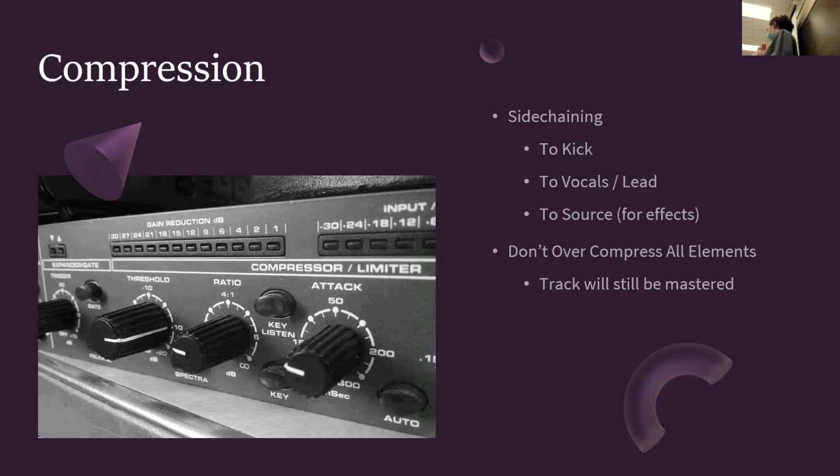So you can set that to whatever you want. And then the ratio knob is set to however much the audio that goes above that threshold is going to be attenuated or limited. So if I had a 2-to-1 ratio, what's going to happen is if I have a track that, let's say, the largest it goes is up to, I don't know, let's for numbers say 20 dB, and the threshold is set at 10 dB.